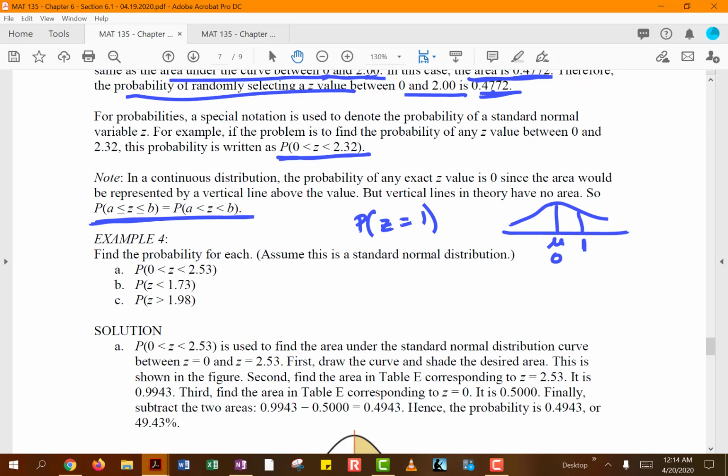So if I wanted to know what's the area at this vertical line, which is going to be at 1, well, the area of a straight line is just going to be 0, because you don't have any width in that, right? It's just a thin vertical line. And so it wouldn't really make sense to talk about the area at a given particular number. But when we talk about the area between two numbers, it makes more sense. So that's why we normally don't write it as probability of A less than or equal to Z less than or equal to B. We just write probability of A less than Z less than B.